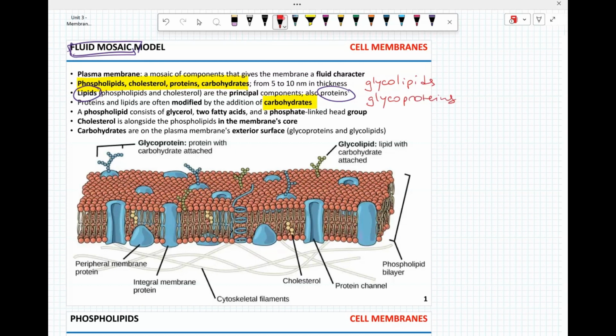Now, it is useful to recall what phospholipid consists of. A typical phospholipid molecule consists of glycerol, two fatty acid residues connected to the glycerol moiety, and the phosphate head group that is also connected to the glycerol.